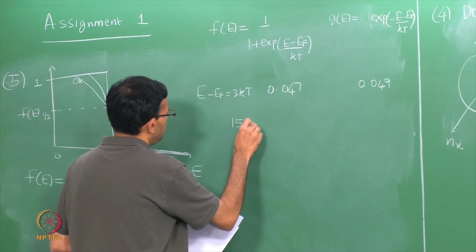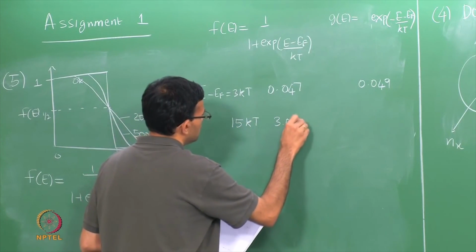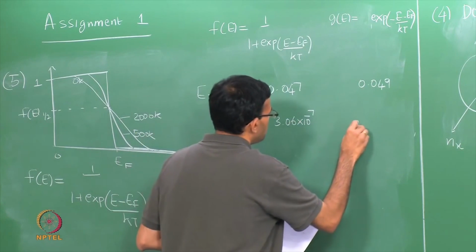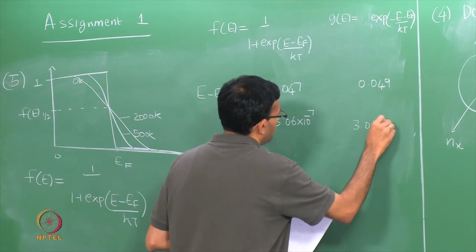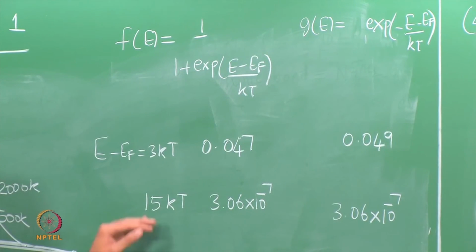For 15 k T, the Fermi function is 3.06 times 10 to the minus 7 and the Boltzmann function is also 3.06 times 10 to the minus 7. So, the farther from the Fermi energy, the smaller the deviation.